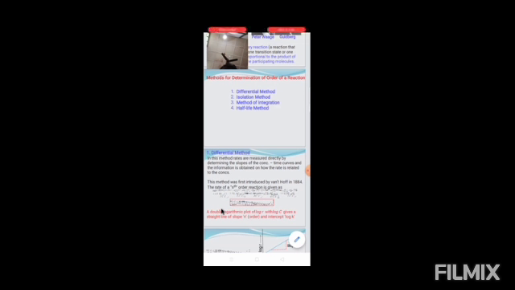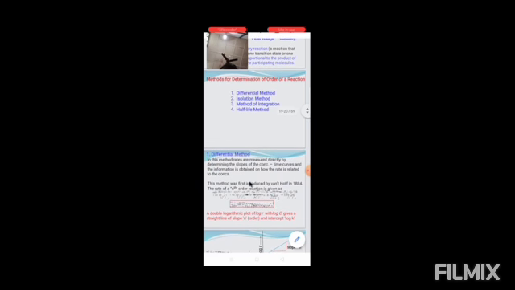In this method, rates are measured directly by determining the slope of the concentration versus time curve. You need to find the slope of the concentration versus time curve, and information is obtained on how the rate is related to the concentration.